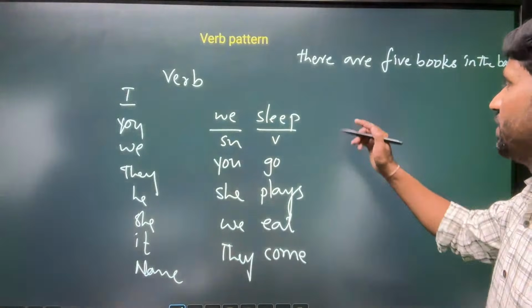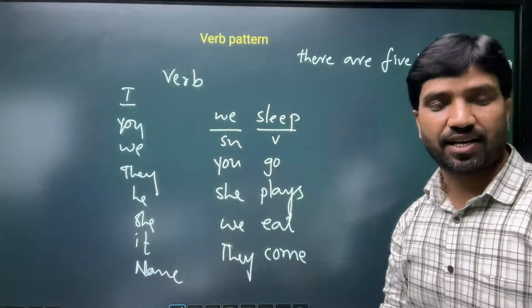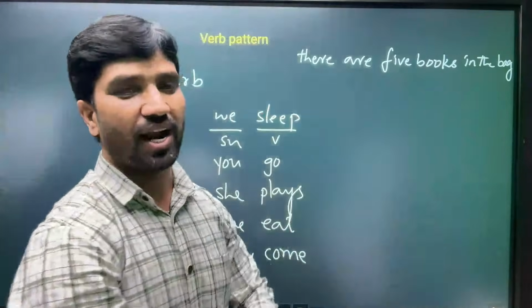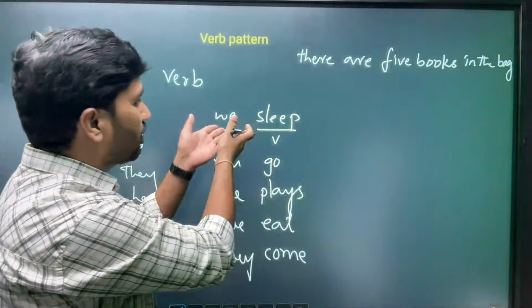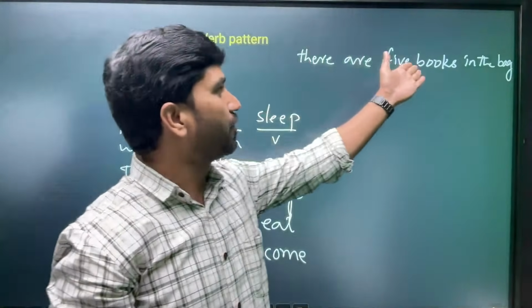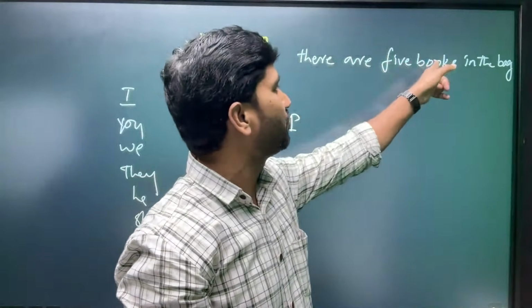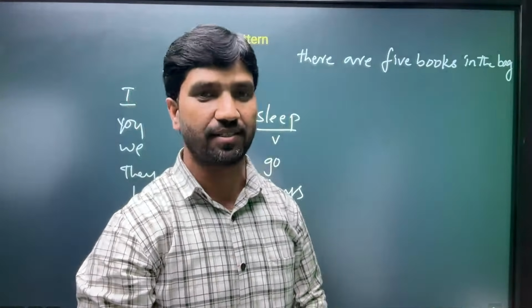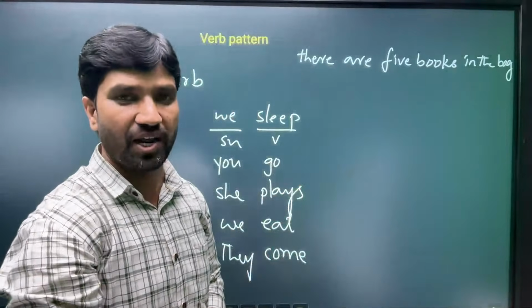Say this example is given by the examiner. There are 5 books in the bag. So how do we write this sentence? Because earlier there were only 2 words. Here, there are 1, 2, 3, 4, 5, 6, 7 words in the sentence. Then how to present these and how to write all the remaining 4 sentences.